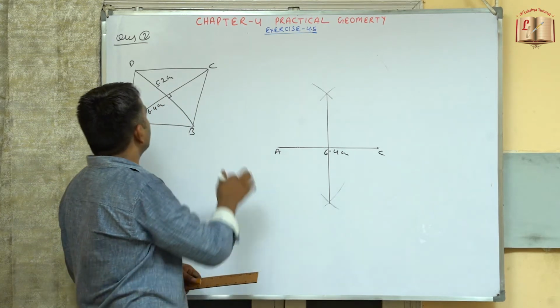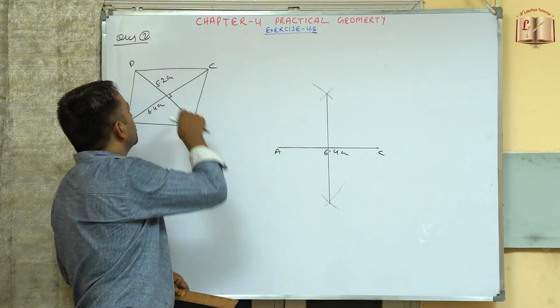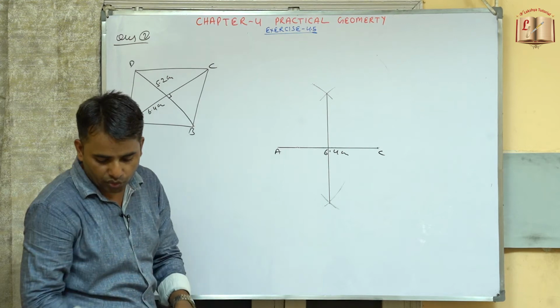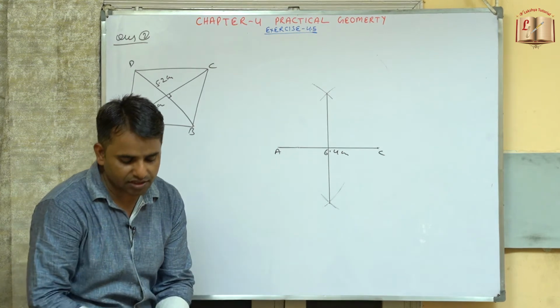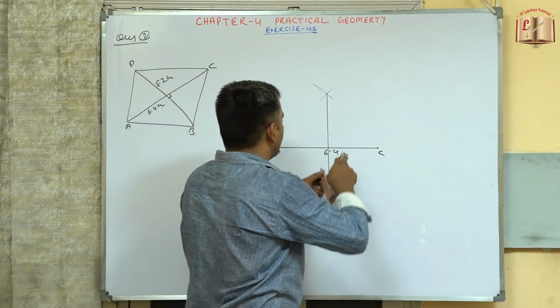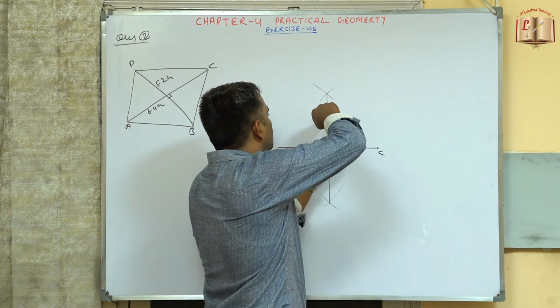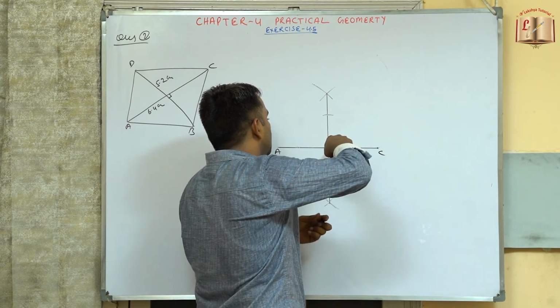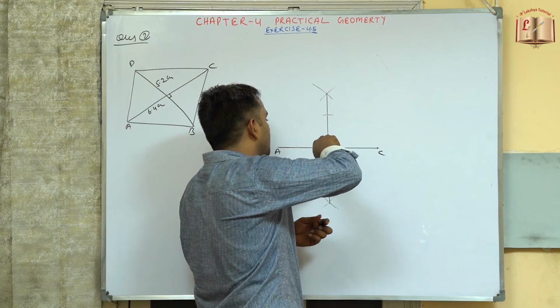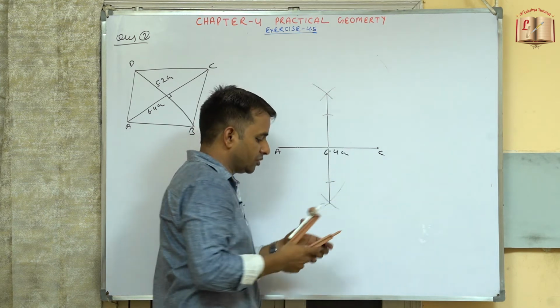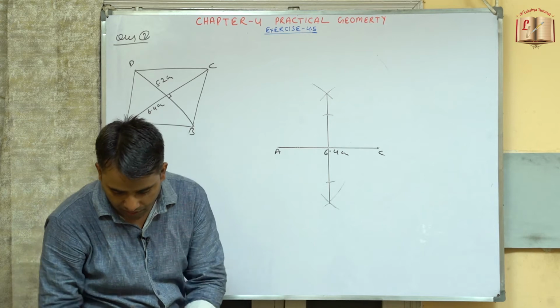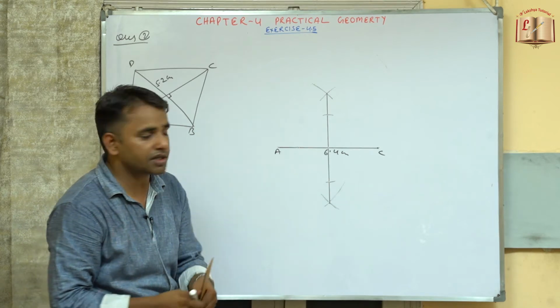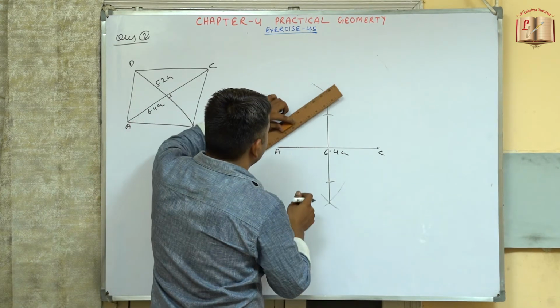Now from this we will cut half of the length of this. So 5.2 half is 2.6. So we'll cut a length of 2.6 from this. So this will be now 2.6, and the same length over here, this will be now again 2.6. So we'll join the opposite vertices with these intersection points.